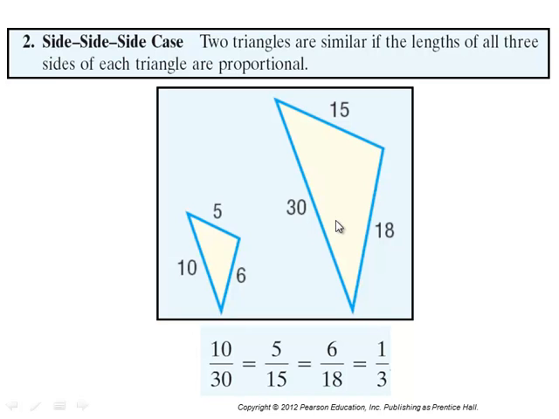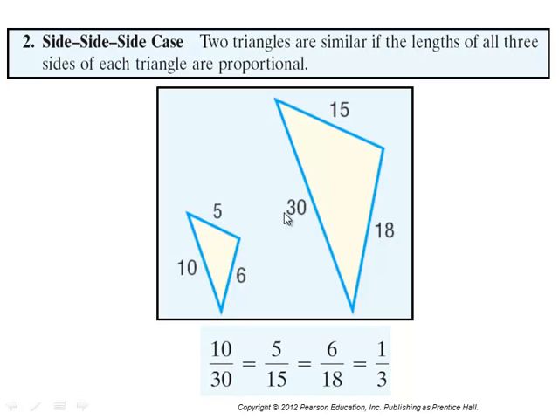Now, if it turns out that these two triangles, you don't know the angles, but the proportions are the same, that's fine. So let's take a look at an example here. Take a look at these two triangles here. Well, you could take a look at this larger side for the small triangle in relation to this larger side for the large triangle.